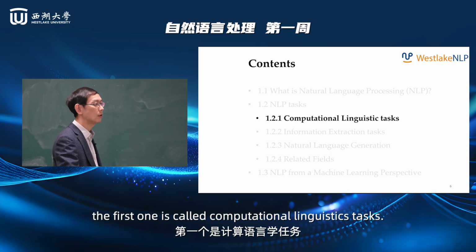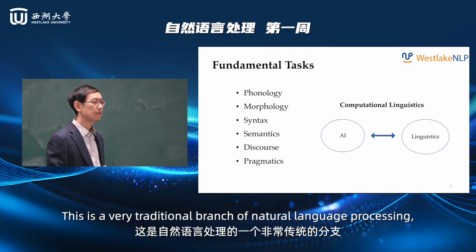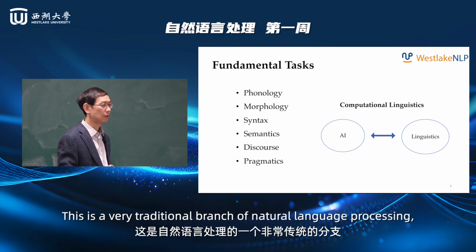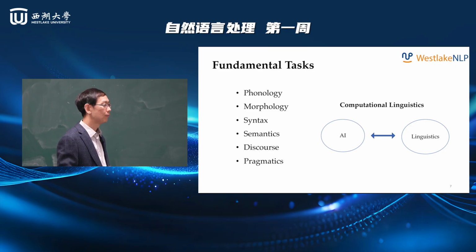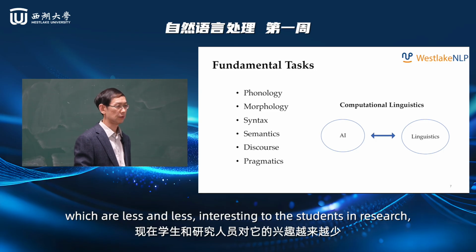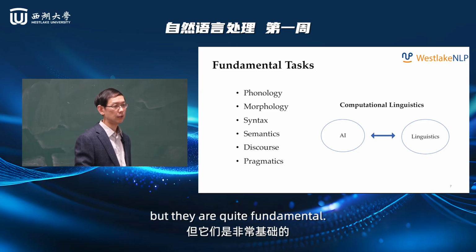So the first one is called computational linguistics tasks. Okay, so this is a very traditional branch of natural language processing. Okay, which are less and less interesting to the students in research, but they are quite fundamental.